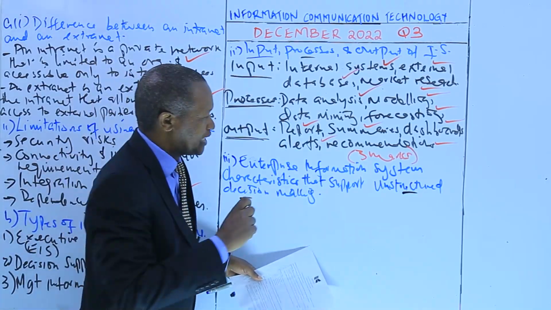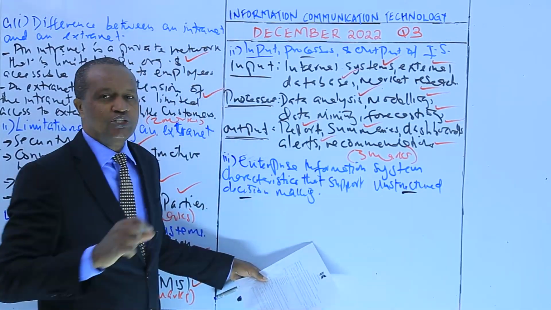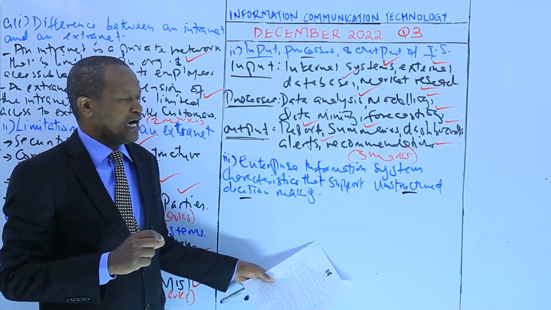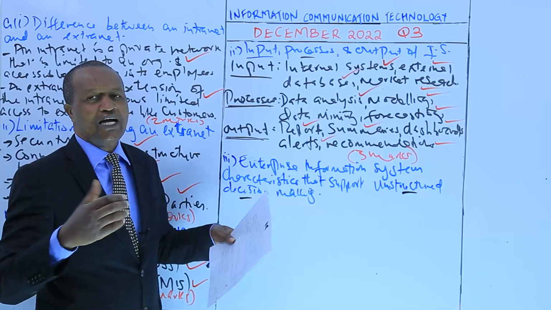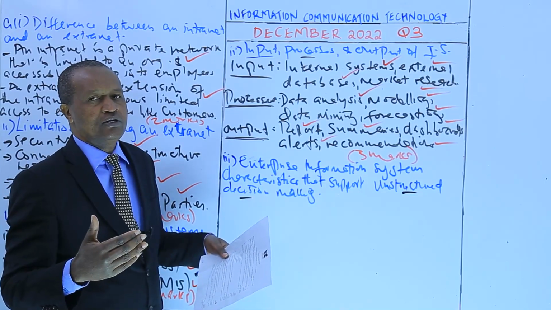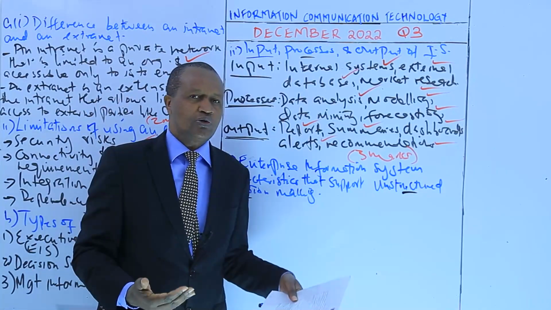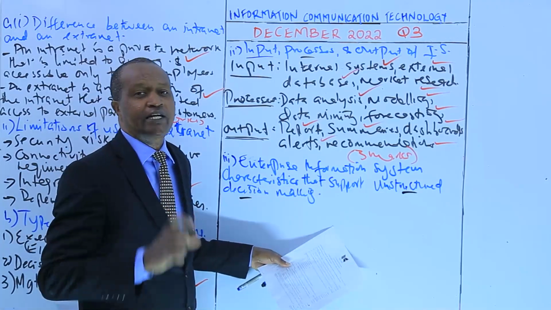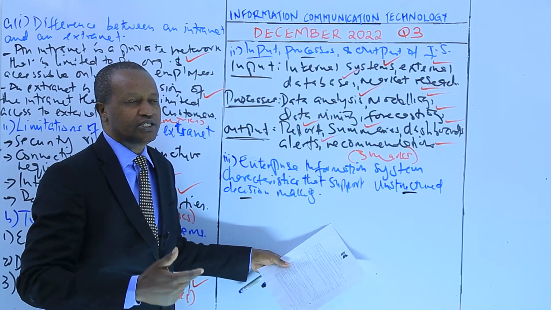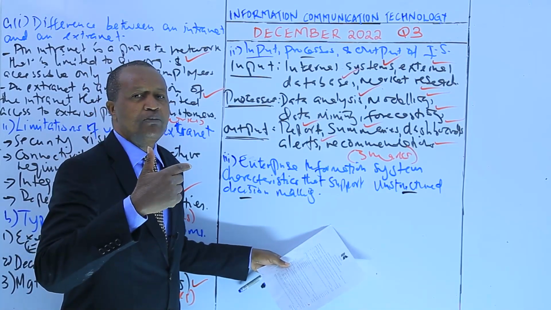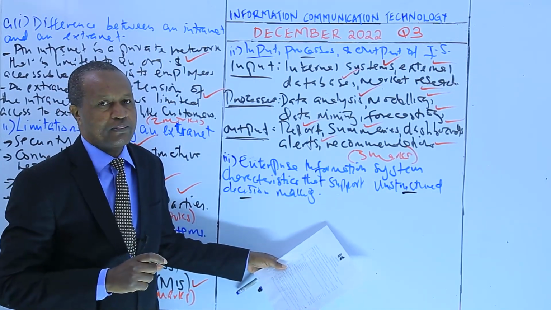And what are unstructured decisions? Unstructured decisions are those that lack a predefined process or well-defined parameters, making them complex and requiring more subjective judgment.